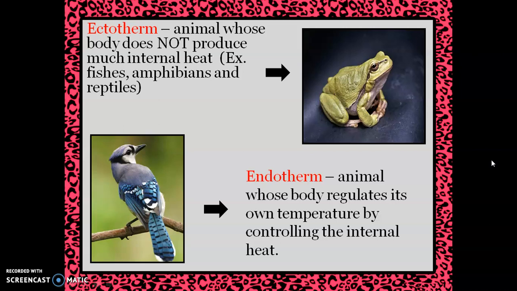Endothermic animals. An endotherm is an animal whose body regulates its own temperature by controlling it internally. So a bird, a mammal like a gorilla, or your pet dog, Fifi, can maintain its own body temperature, whether heating or cooling.